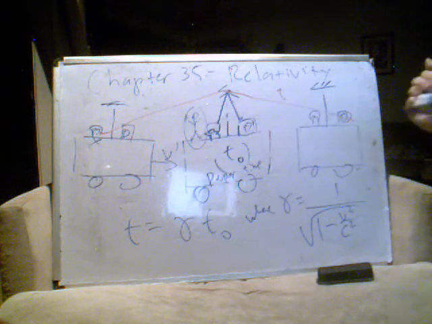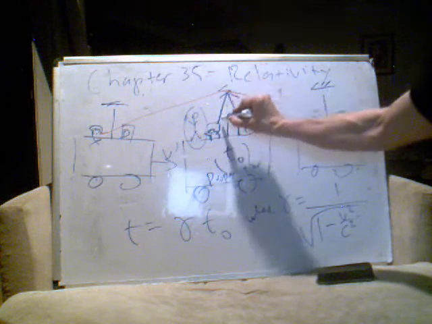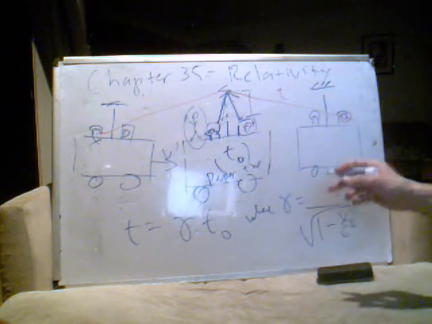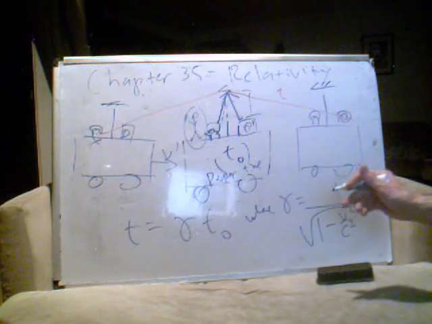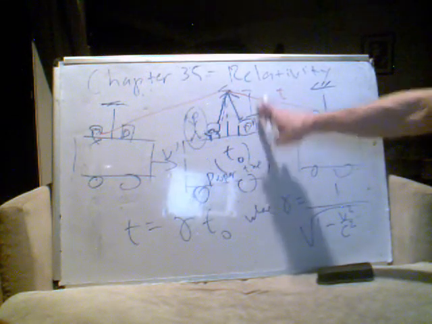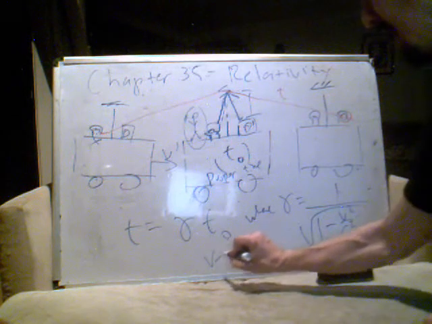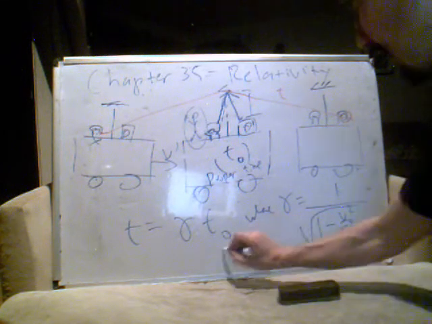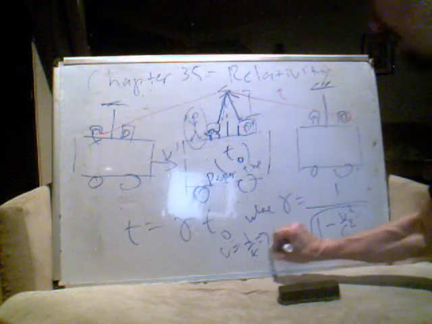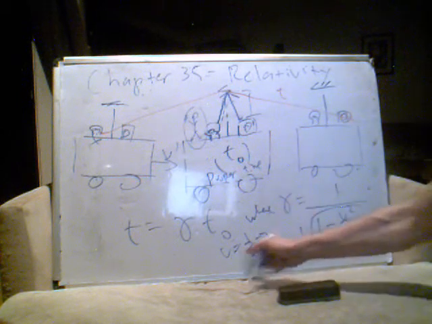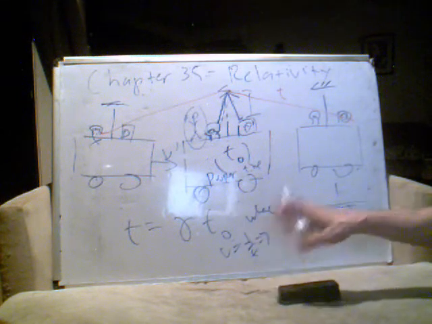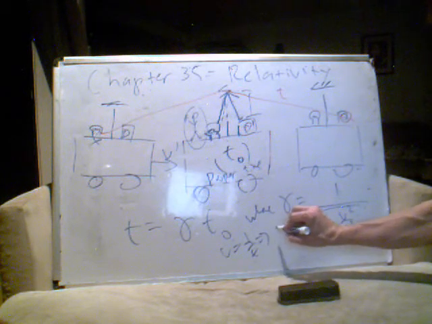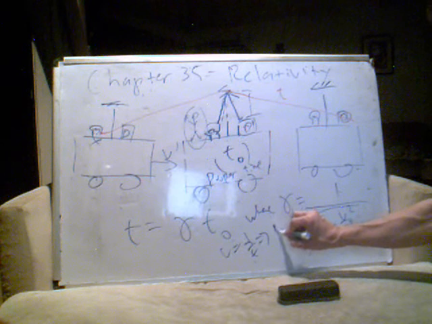But if we wanted to figure out, say, the difference between this path length, right, which is basically just straight up and down, that's just the speed of light. Velocity is distance over time, and we wanted to figure out the time associated with some object moving at a certain velocity, moving a particular distance.